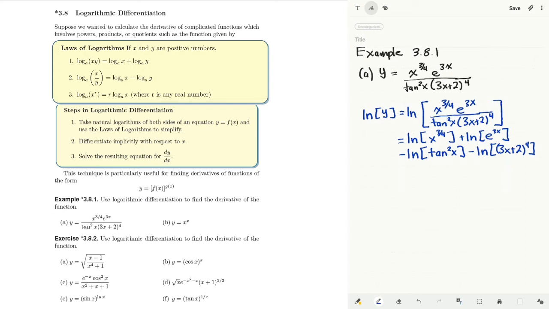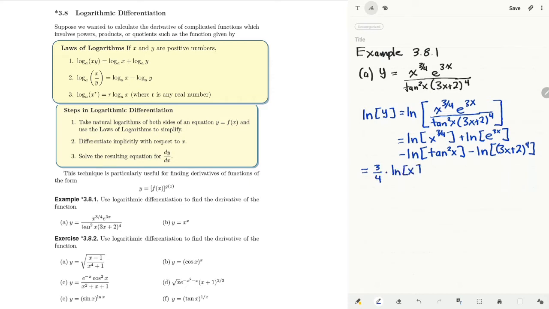Next we can use the third law to simplify powers within the logarithm. If we have a power inside of the logarithm, then this can be multiplied in front of the log. So using the third property, we have an exponent of 3/4 on x, so this becomes 3/4 times the natural log of x.